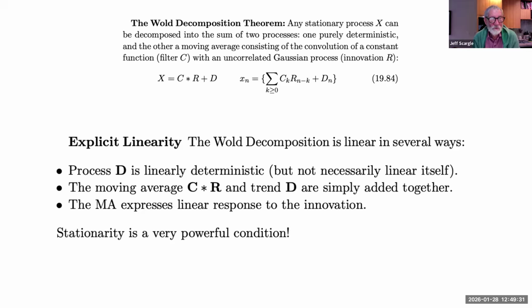You can imagine stationarity is a great thing, but you could imagine all kinds of nonlinear or crazy processes that are still stationary, but according to this theorem, it has to be linear in this very specific sense, and it has to be not only linear but a clear separation of the deterministic part and the random part.